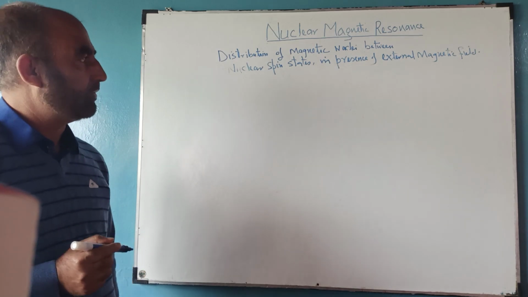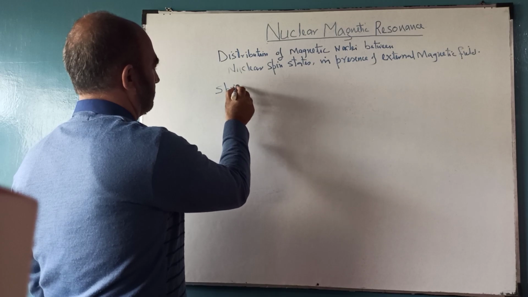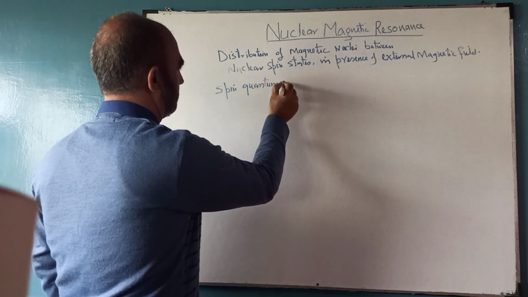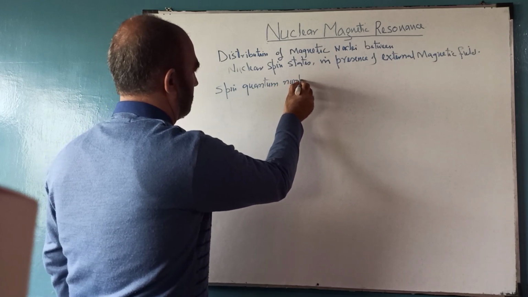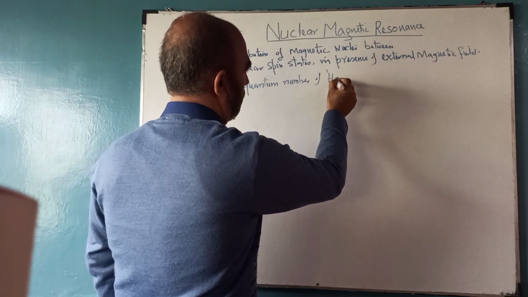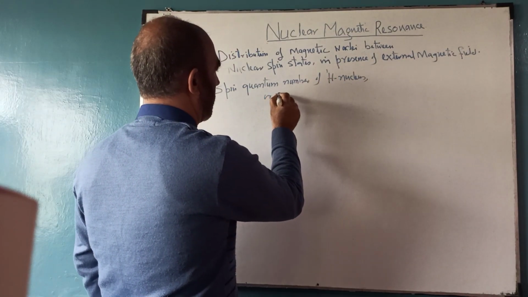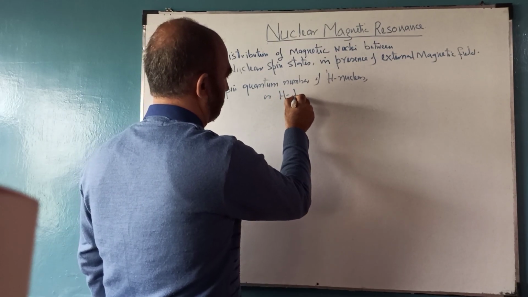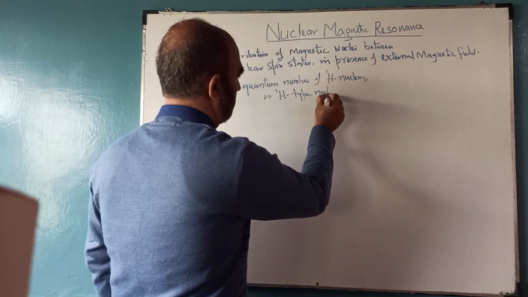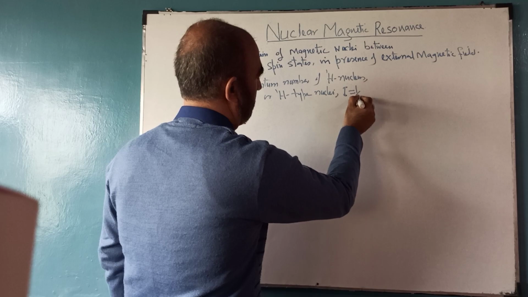Well, by now we know that the spin quantum number of hydrogen nucleus or hydrogen type nuclei, that is I, is equal to 1 by 2.